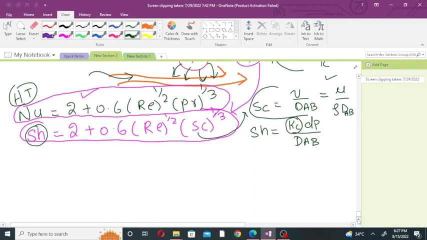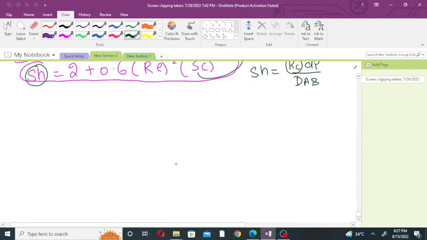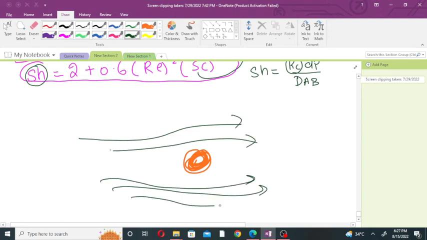So suppose this is a catalyst particle, and this is a fluid flowing around the catalyst particle, and suppose mass is transferring from the catalyst particle to the fluid.